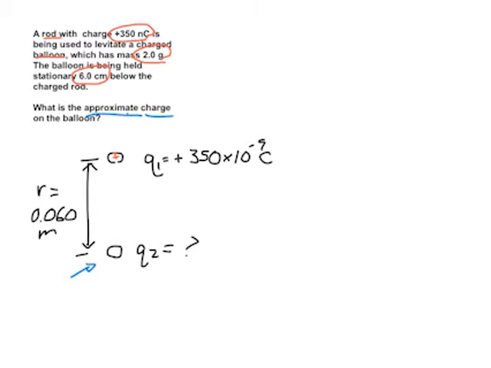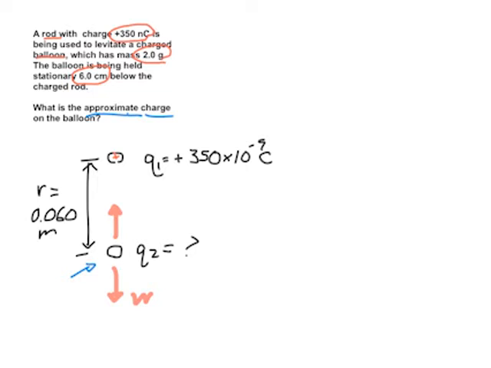Well, now think about the forces that are acting on the balloon. There's a downward weight force. We know that that has to be the case. And since it's a force, and that's kind of a chapter 5 thing, I'm going to draw it in red. So there's a downward weight force. And if the balloon's levitating, if it's not going anywhere, there has to be an upward force.